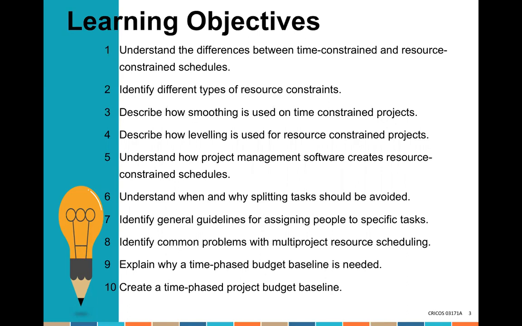We're going to understand how project management software creates resource constraint schedules, and when and why splitting tasks should be avoided. We're going to identify general guidelines for assigning people to specific tasks, and common problems with multi-project resource scheduling. We're going to explain why a time-phased budget baseline is needed, and we are going to be creating a time-phased project budget baseline.